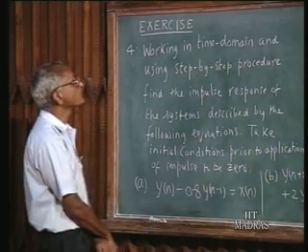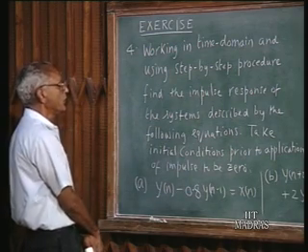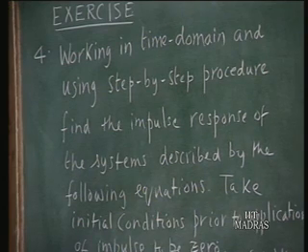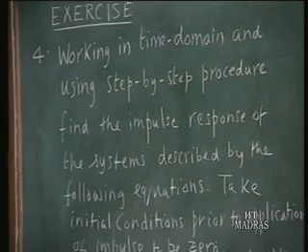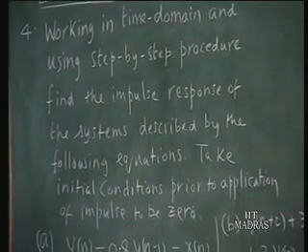Fourth question, working in time domain and using step by step procedure, find the impulse response of the systems described by the following equations. Take initial conditions prior to application of impulse to be 0.